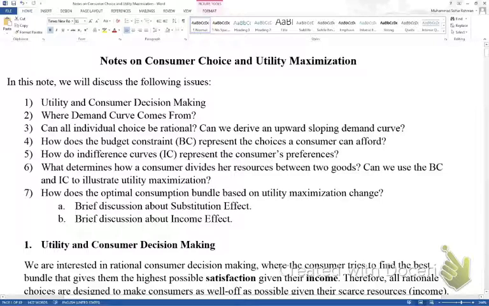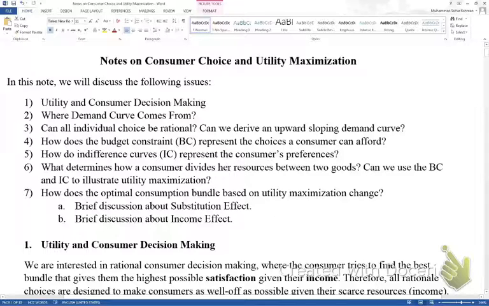Now, obviously, this utility maximization, or the bundle that helps the consumer derive the optimal consumption, optimal utility, is not a fixed one, because as we are going to see, any time there are changes in the environment of our consumer, meaning changes in the income, the price, or some other deep behavioral issues, the optimal consumption bundle will change.